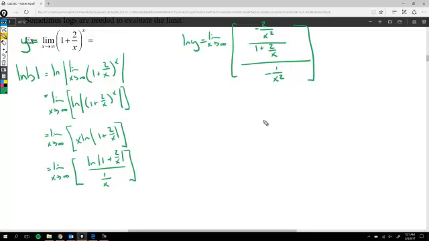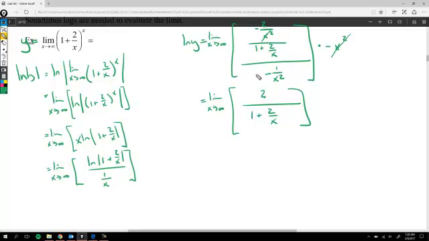Now if we do some simplifying, we get 2 over 1 plus 2 over x. Because remember, when you're dividing by a fraction, it's the same thing as multiplying. So I can say that this is the same thing as multiplying by negative x squared, which cancels with this.